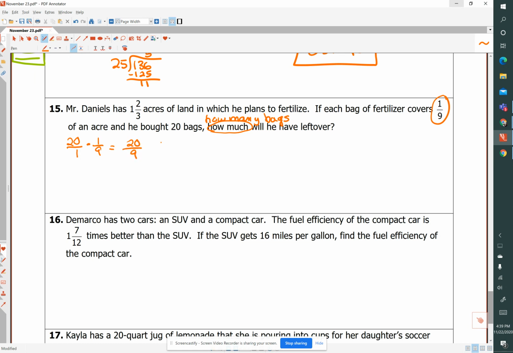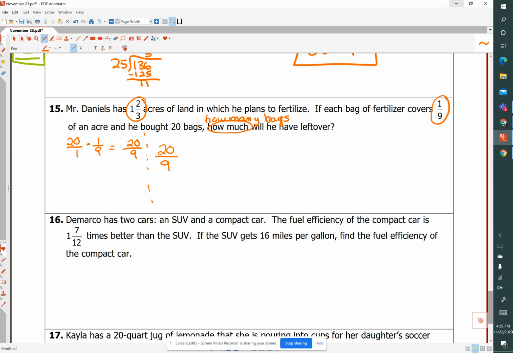So this is how much he's got as a fraction. That's the first part of the problem. Now we need to take that 20/9, and we need to subtract from that this 1 2/3 acres. Let's convert that to an improper fraction.